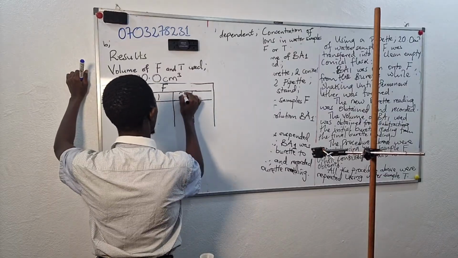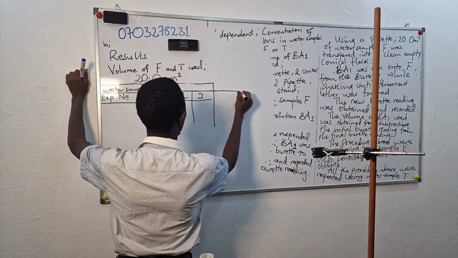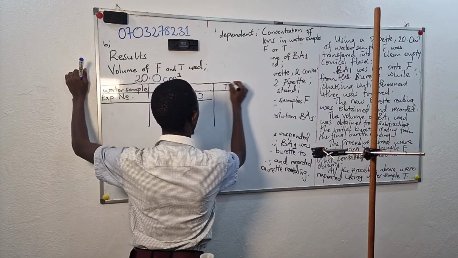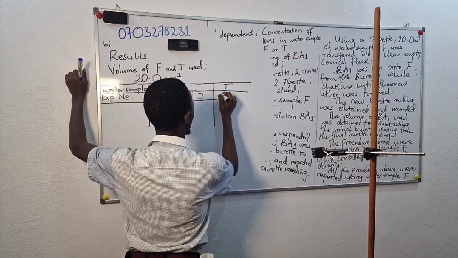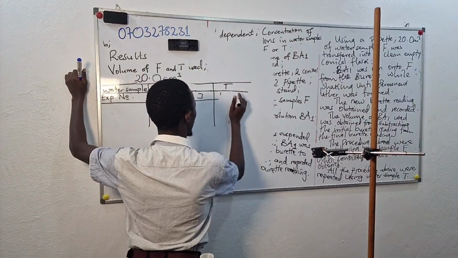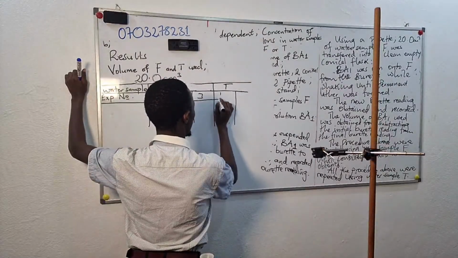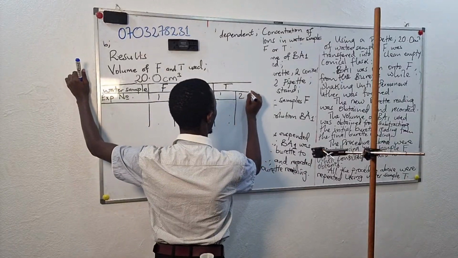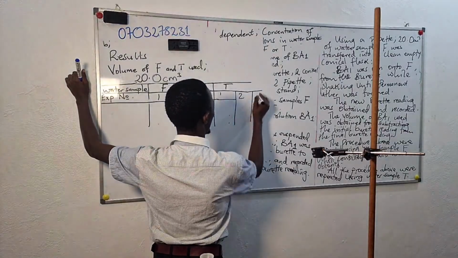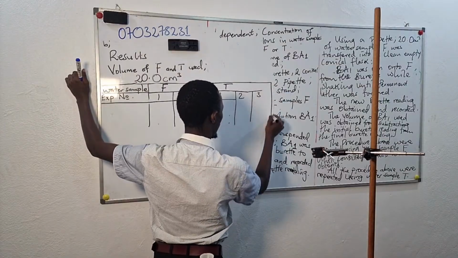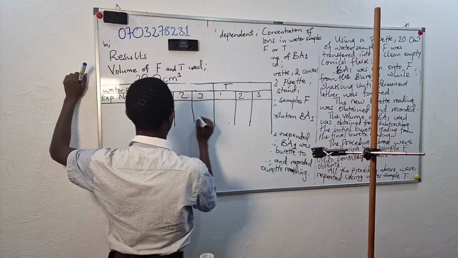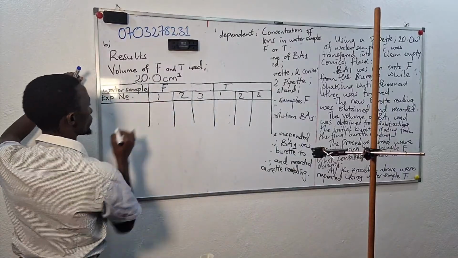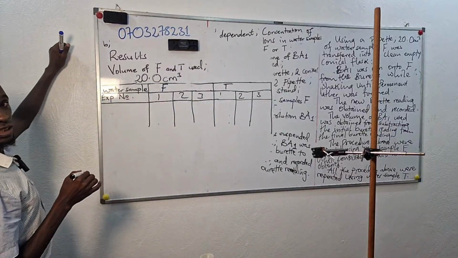So this is 1, 2, 3 for F. Then for T, we shall still as well have 3 experiments. That is 1. I think that is it.